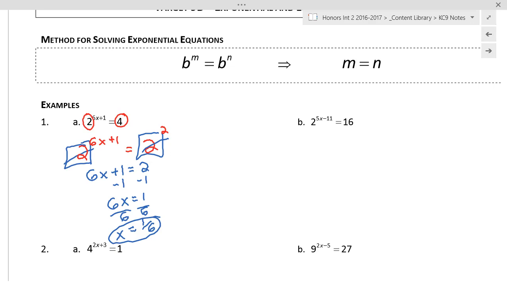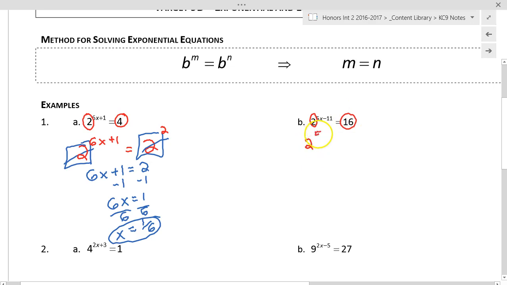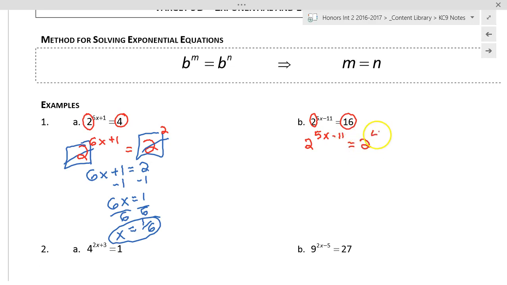Looking at B, B is 2 to the 5x minus 11 equals 16. Same type of thing. I want to get the same base. Right now, these are not the same base. So I have 2 to the 5x minus 11 equals, well, 16 is really 2 to the 4th. So it's kind of knowing your powers. 2 to the 5x minus 11 equals 2 to the 4th.